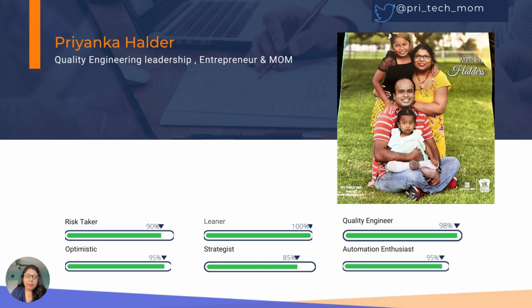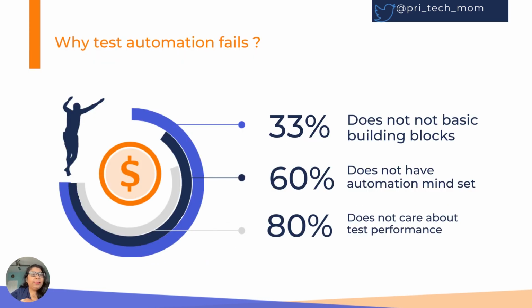So this talk is specifically designed for the people who are walking into the test automation arena from a manual testing background. These are the three main key points I could jot down from my last 15 years of experience.